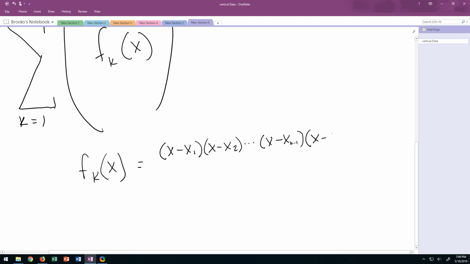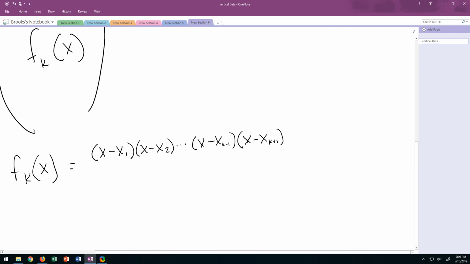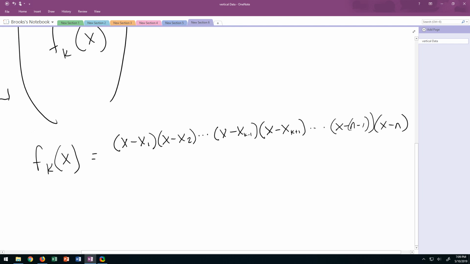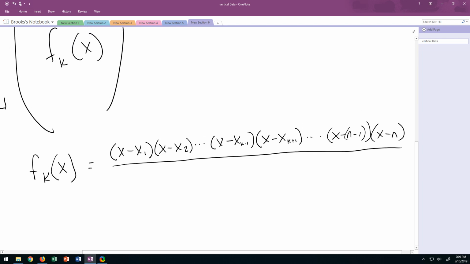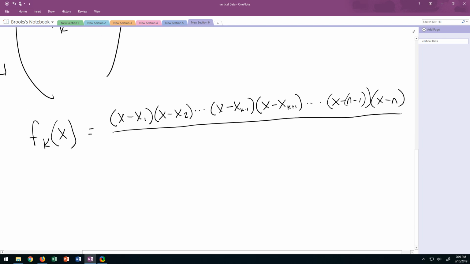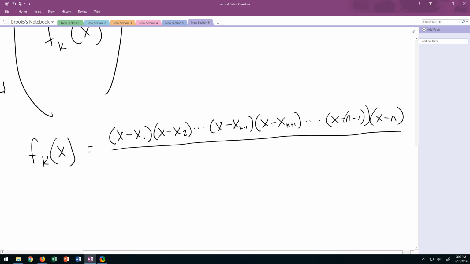So here I'm going to have x minus x sub k plus 1. And we're going to keep on going until we get to x minus x sub n minus 1 and x minus x sub n. Perfect. Those terms ensure that there are zeros at every single x value in the set except for x sub k, which is what I was going for.